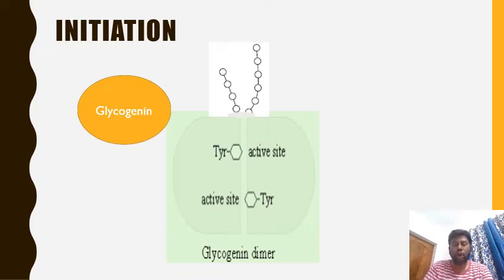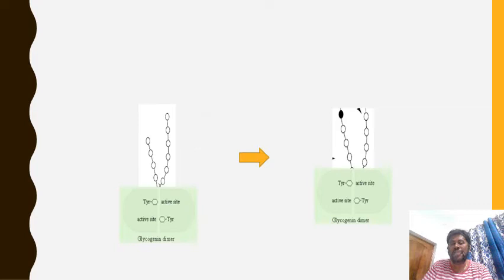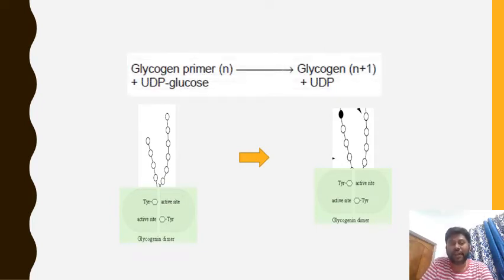Now, to the already existing glucose residues, the first glucose residue will be attached, and this process is called initiation of glycogen synthesis. How is this first glucose residue added? By this chemical reaction. In the glycogen primer, N is the number of glucose residues which already exist. To that, UDP glucose will transfer the glucose so that glycogen becomes N plus 1.